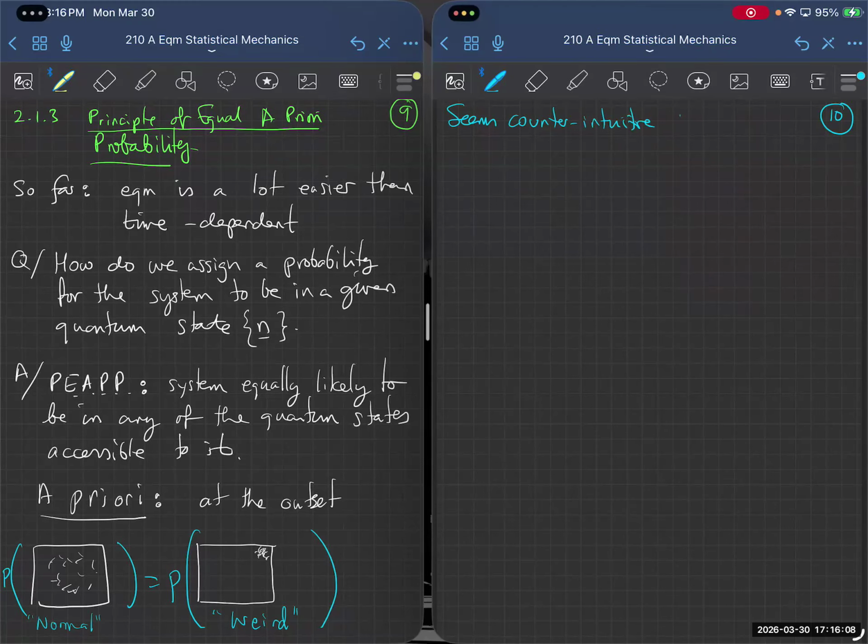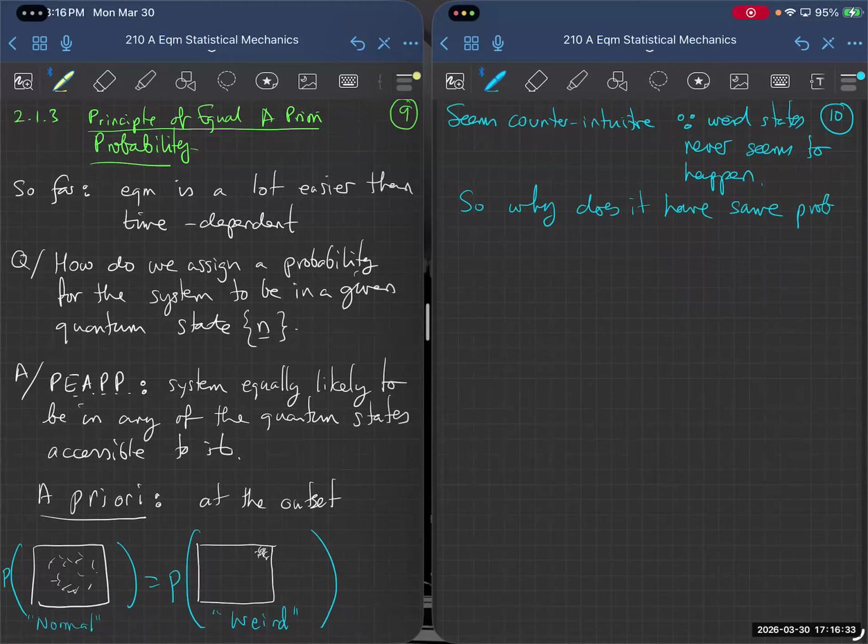It seems counterintuitive, because the weird state never seems to happen. So why the heck does it have the same probability as the normal state?